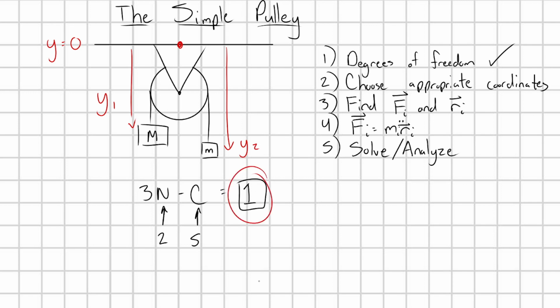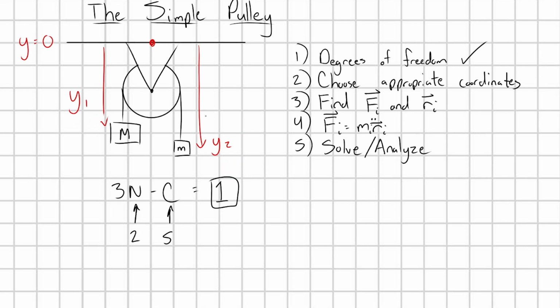My degrees of freedom are telling me that I only need 1 independent coordinate though. So somehow, based on the constraint that this rope is of a fixed length and is connecting these two masses together, we're going to be able to relate the coordinates y1 and y2 to each other. So how do we do this? How do we relate y1 and y2 to each other?